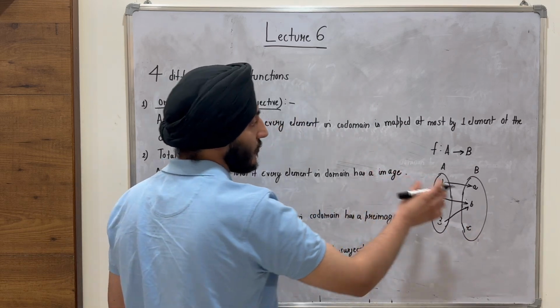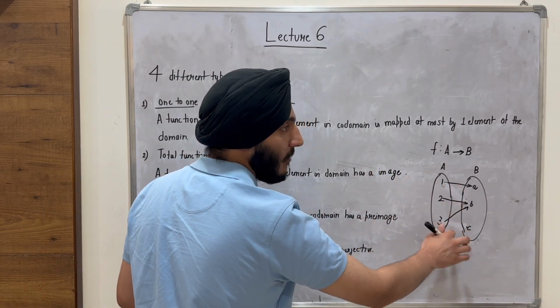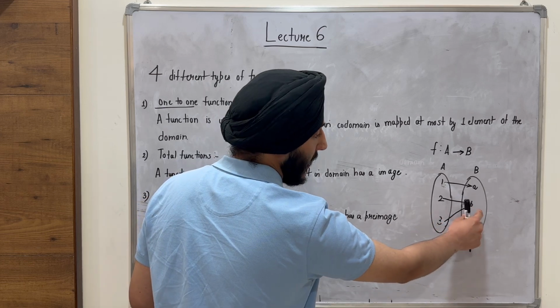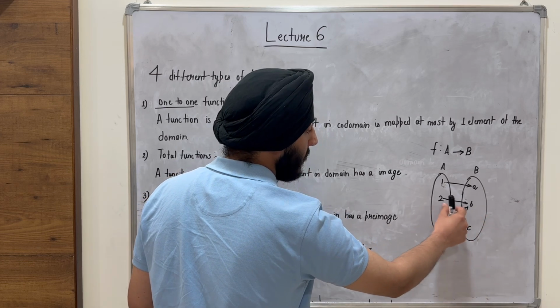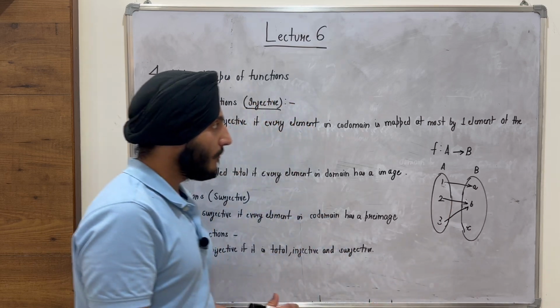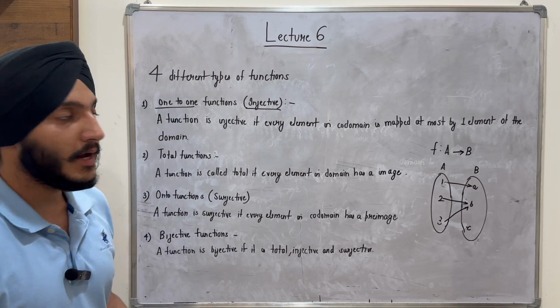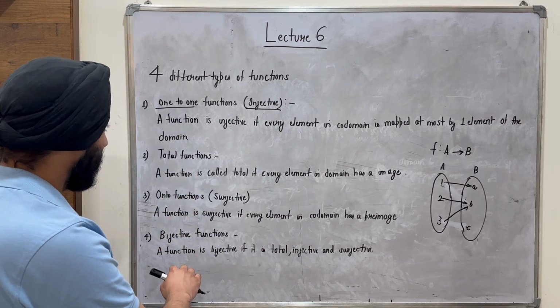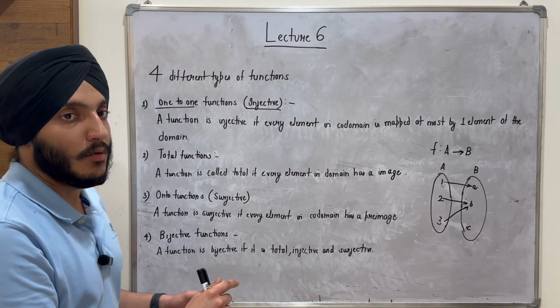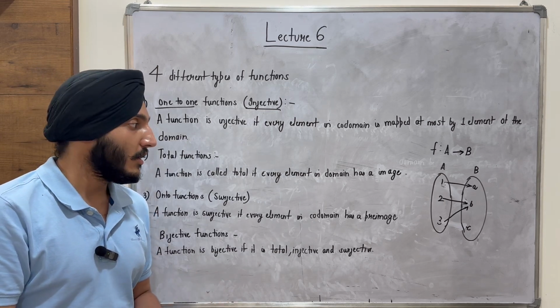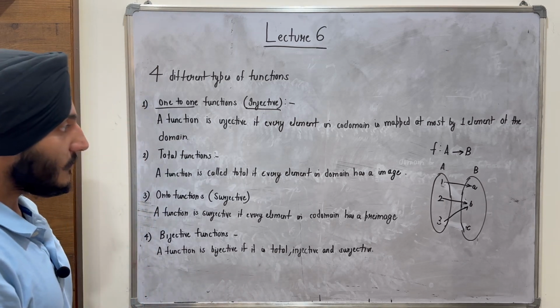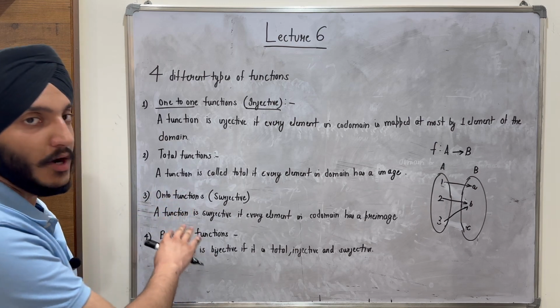Why? Because every element is not being mapped by a single element, right? B over here, part of the codomain, is being mapped by 2 and 3, right? So this is the basic understanding of whether a function is injective or not, right? These four are going to be very important to understand what is the inverse of a function. Moving on, so I hope you have a good understanding about what is a one-to-one function.